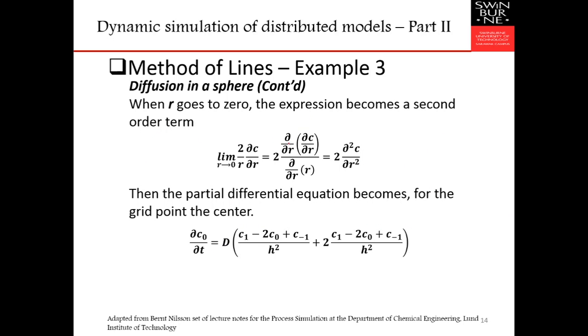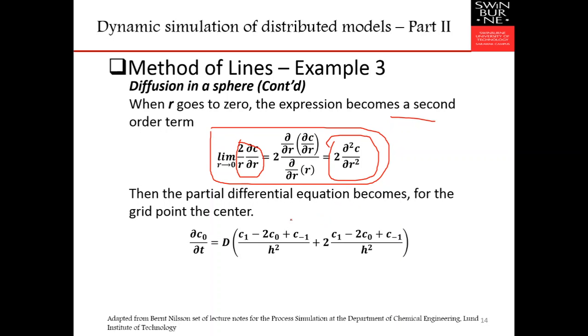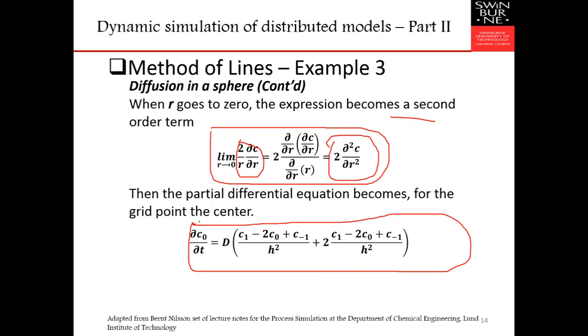And when r goes to 0, the expression becomes a second order term. So it becomes something like this basically. These expressions in here will become an expression like this. Then the partial differential equation becomes, for the grid point at the center, like this.